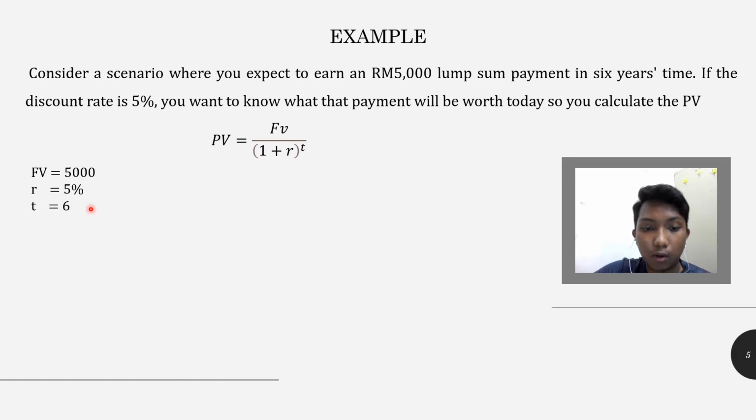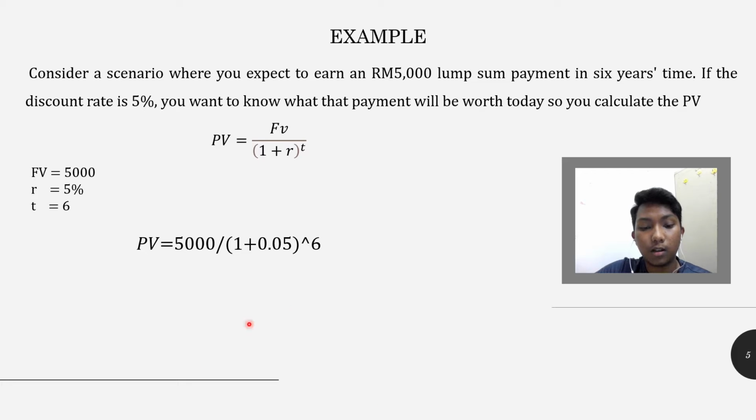So we can put all the information in the formula. So the sentence will be present value equals 5,000, which is the future value, divided by (1 plus 0.05, after turning it into a decimal point) power up by 6, which is the period.